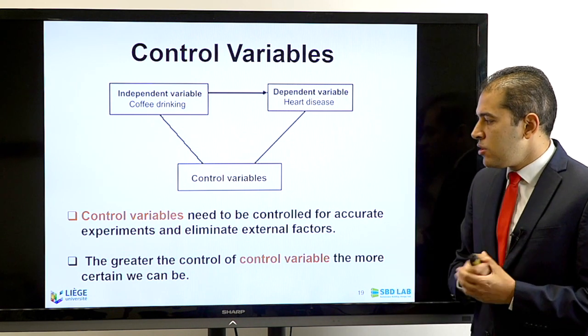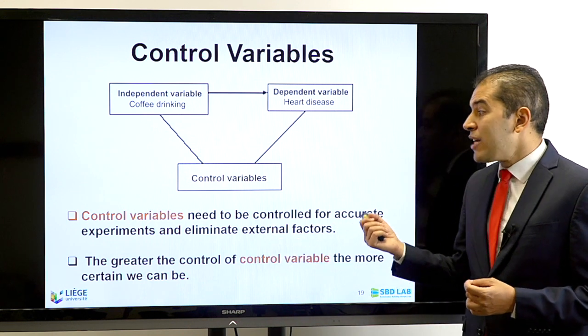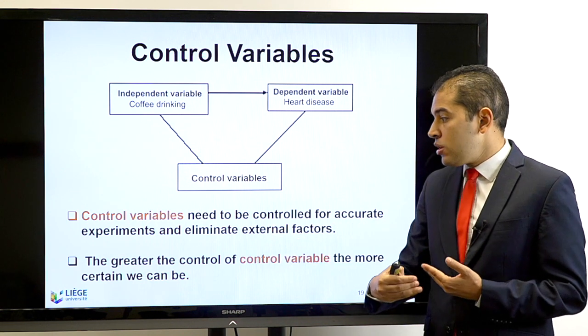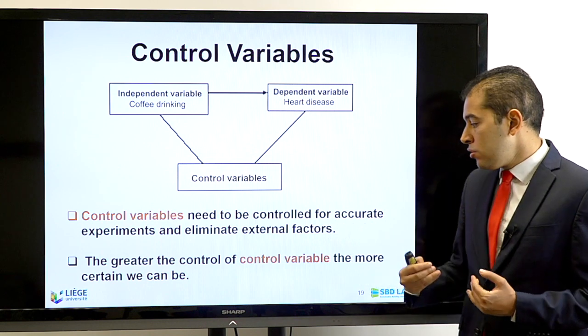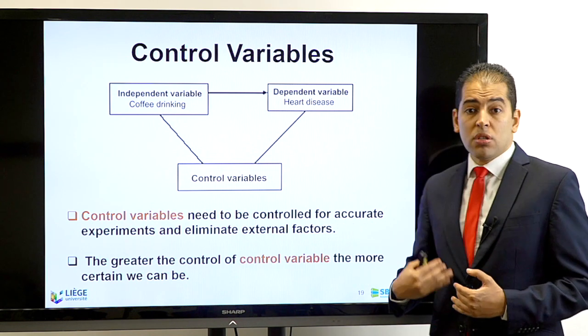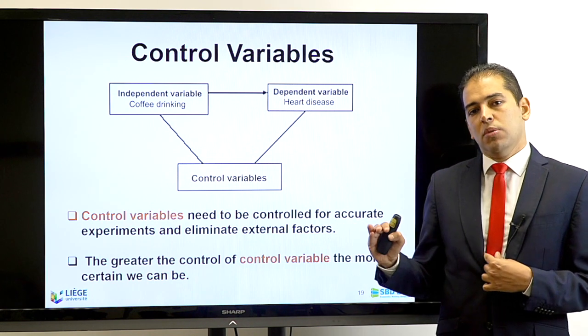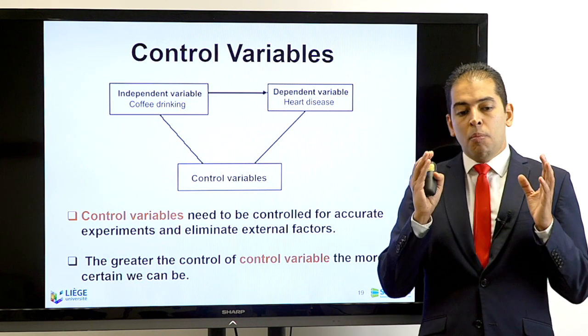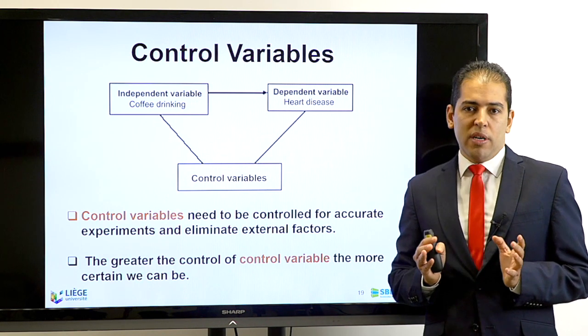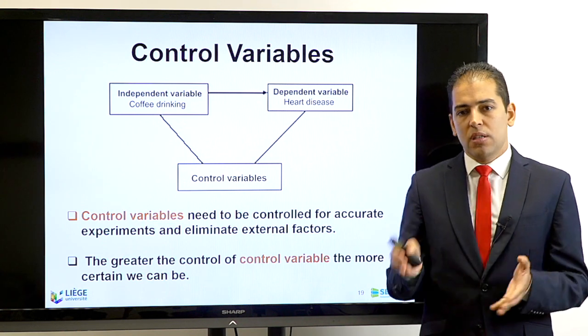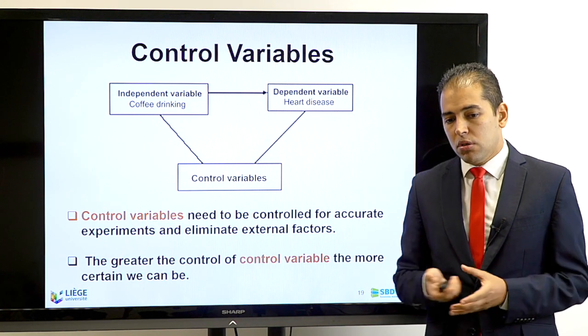These are just examples. So the control variables need to be controlled for accurate experiments and to eliminate external factors. And the greater the control of your control variable, the more certain we can be. So don't talk with me about experimental research without describing your control variables. If you only talk about independent and dependent variables, then your study is not complete.